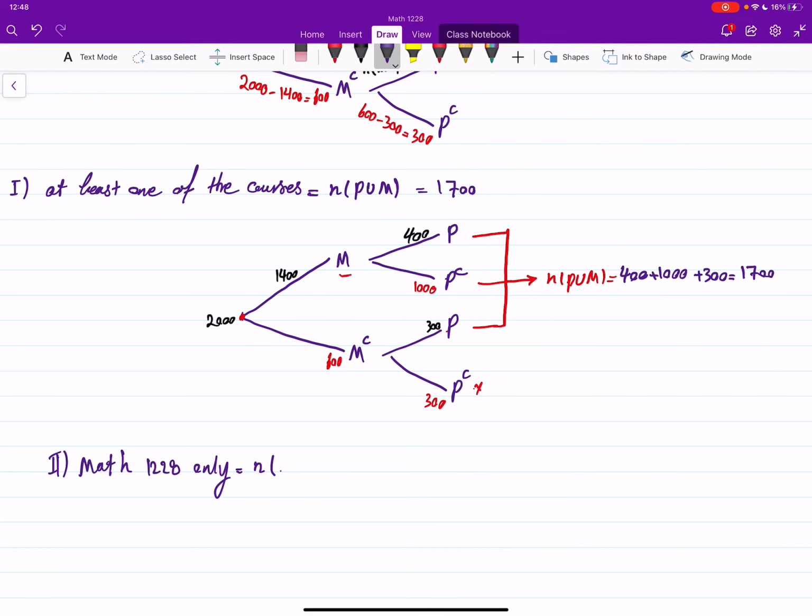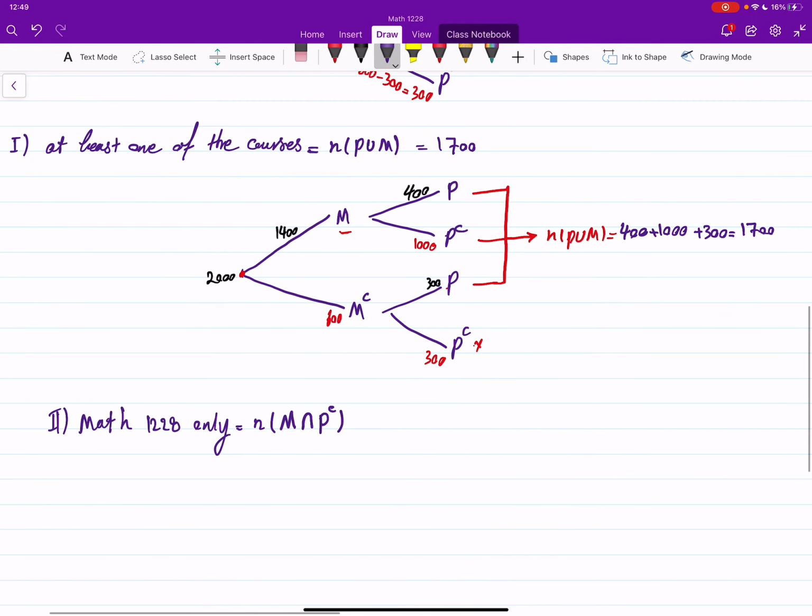So that means that we are trying to find M and not physics. I can again bring down the tree, but this one is easy. M intersect P complement is whatever you see up there.